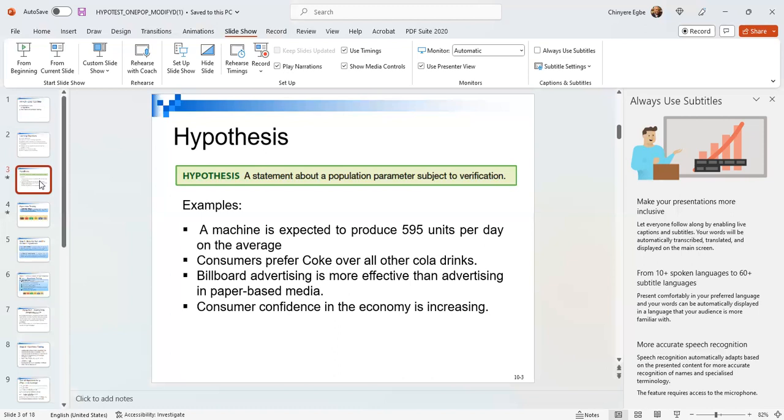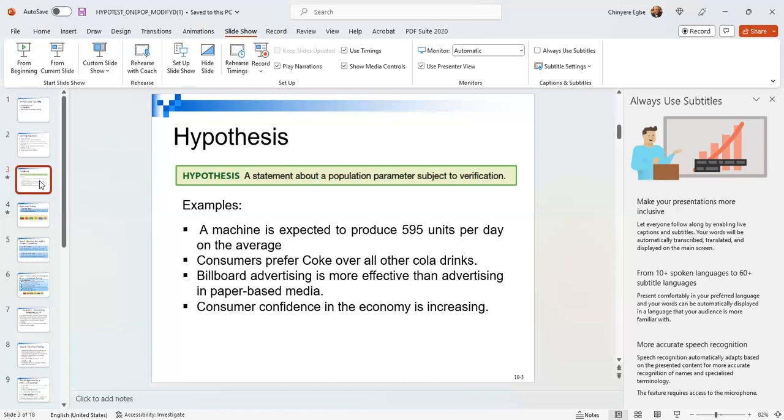If the machine is supposed to produce an average of 595 per day, and it is producing 495 per day, then something is wrong. It's either the machine is not functioning properly, or the people working on the machine are not using it properly, or they're doing something wrong. Or maybe they're just goofing off. Instead of doing their work, they do something else. Or they do not watch the machine so that when something is going wrong, they can fix it so that the machine can function properly.